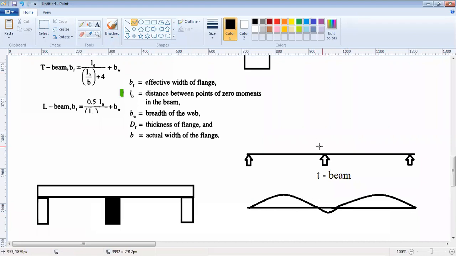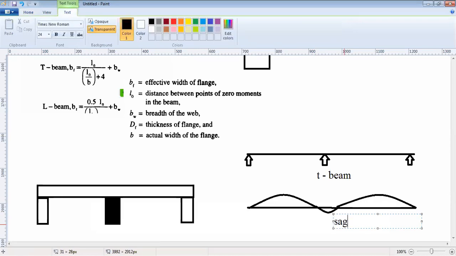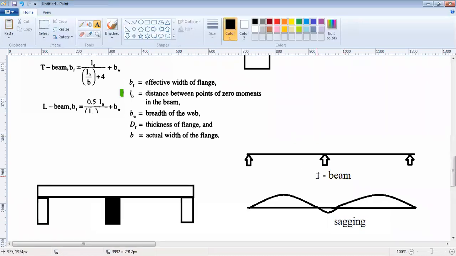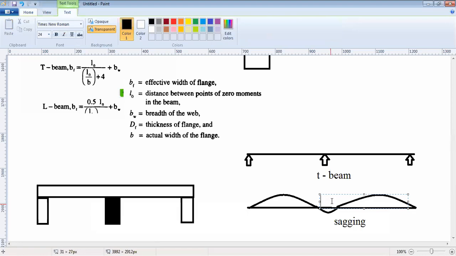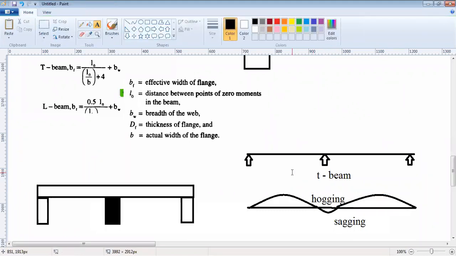So the portion about the central support would not go in sagging, it would go in hogging. Sir, hogging. Hogging में हो जाएगा. Yes. The central portion would go in sagging and this portion would go in hogging. The point above this beam would go in hogging.